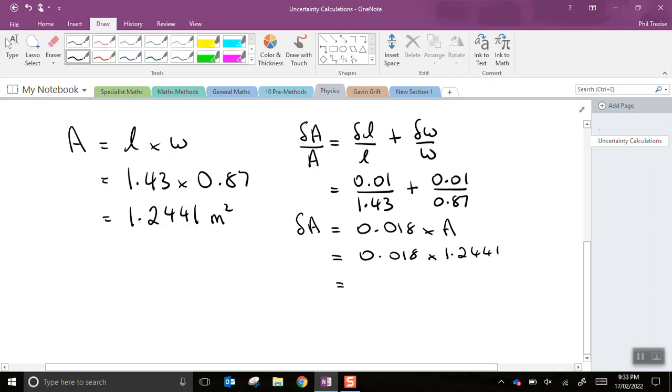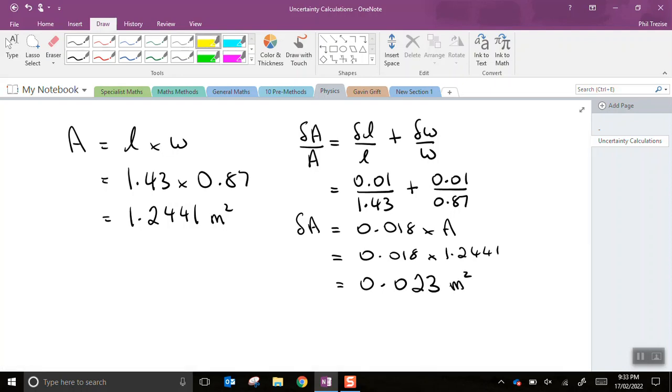You can see now why I didn't round any of that off, because I hadn't finished yet. And multiplying that through, so I have 0.023 as the uncertainty. Now this tells me that, and that's an absolute now, that's in square metres.